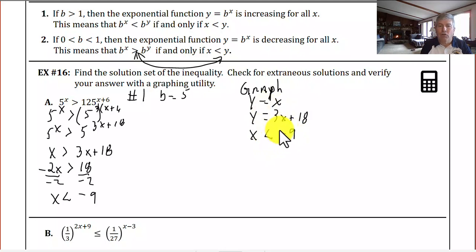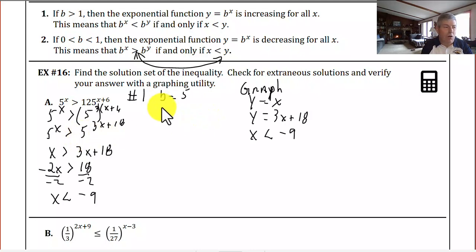So we're going to graph all 3 of these, and we want all the values. We want 5 to the x, so our x has got to be greater than y here.